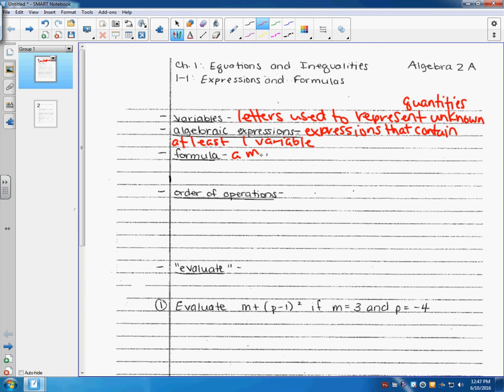A mathematical sentence that expresses the relationship between certain quantities.